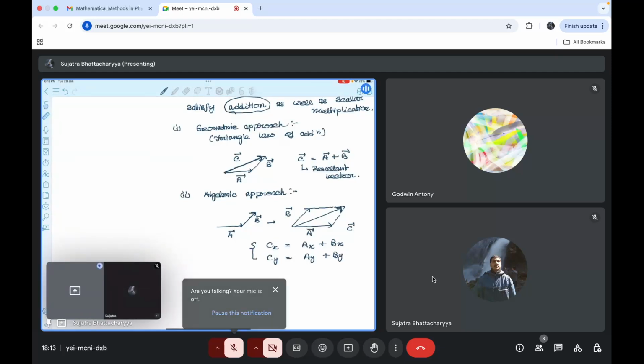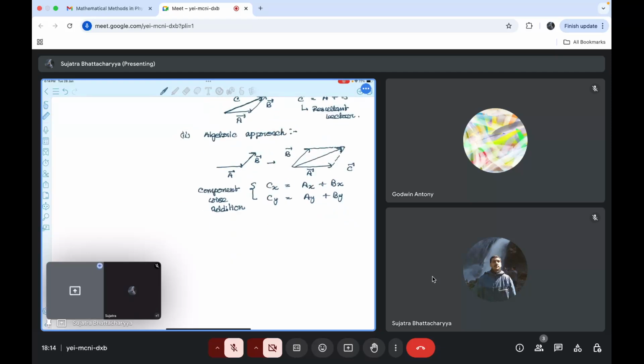This is called component-wise addition. And we know that these components, Ax, Bx, are all scalars, not vectors. When you additionally give a direction with a unit vector, i cap, j cap, k cap, or ex cap, ey cap, ez cap, then you get a vector. Otherwise, the value of the component is a scalar quantity. These are very basic things.